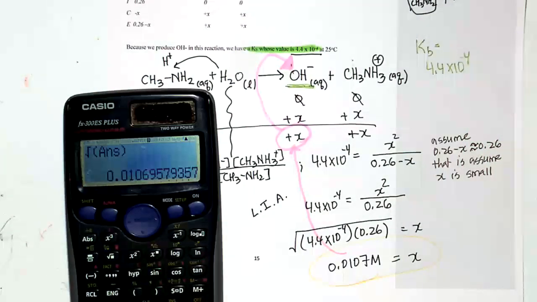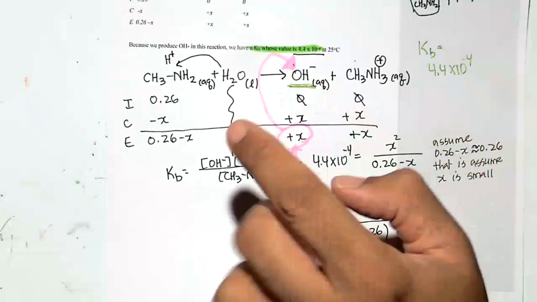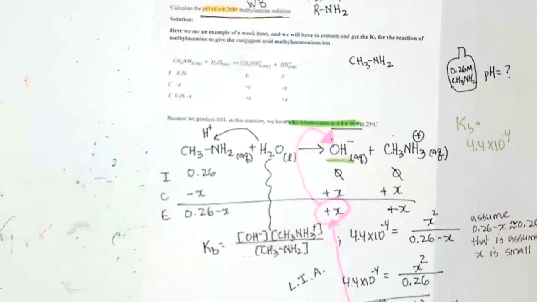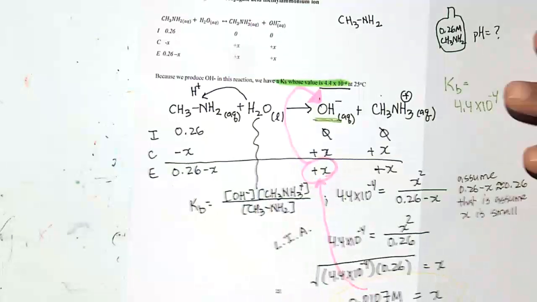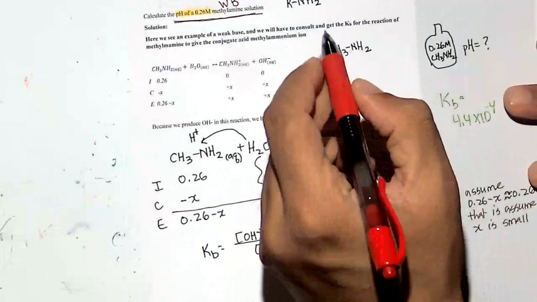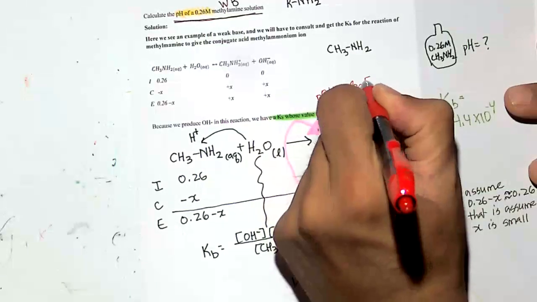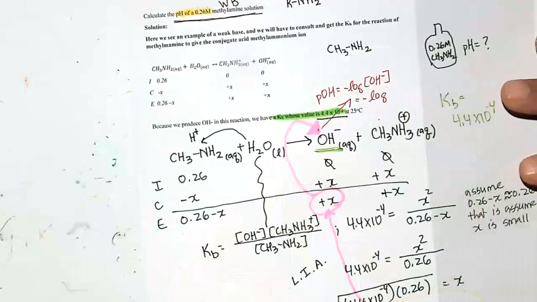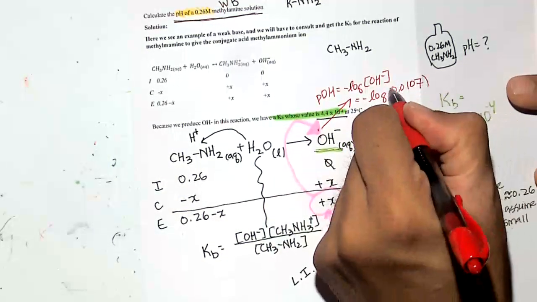So before calculating pH, let's calculate pOH. From calculating the pOH, we can get our pH. So pOH is minus the log of the OH minus concentration, which is minus the log of 0.0107.